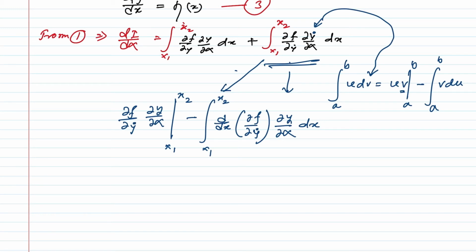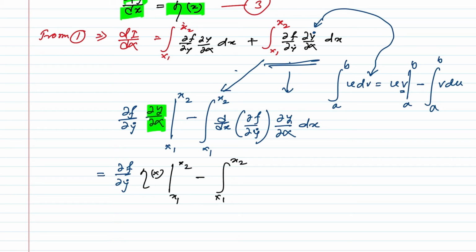Now here you can see del f by del y dot. We have already got in equation number 3 that del y by del x is eta of x. So this can be replaced by eta of x, and from x1 to x2 minus integration from x1 to x2 of d by dx of del f by del y dot, del y by del x dx.